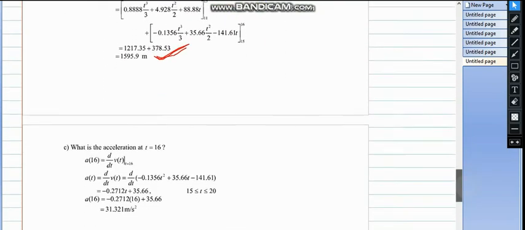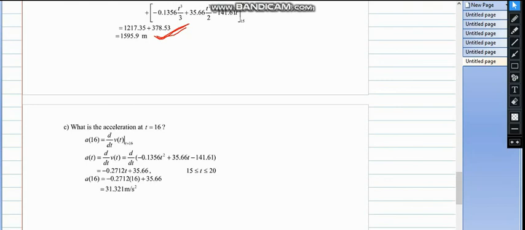And the third problem was the acceleration. We had to find the acceleration at t equal to 16, and we know the velocity at t equal to 16 can be represented by the third spline equation, and we have to substitute 16 for t. So first we have to take the derivative of this spline, that is the derivative of the velocity, which will be nothing but the acceleration, and you will get an equation like this.